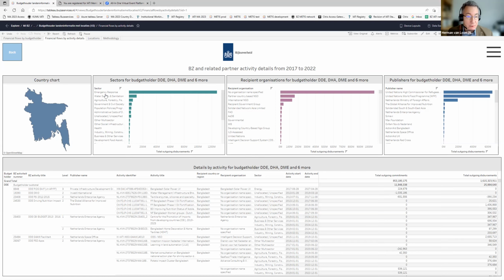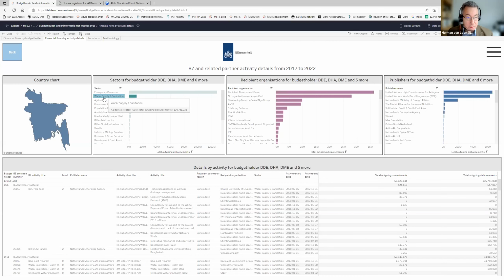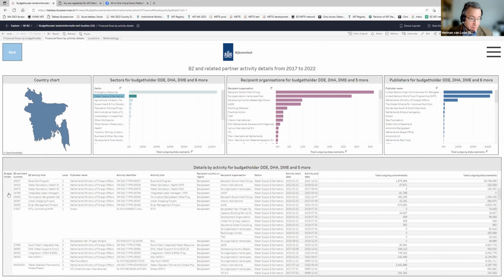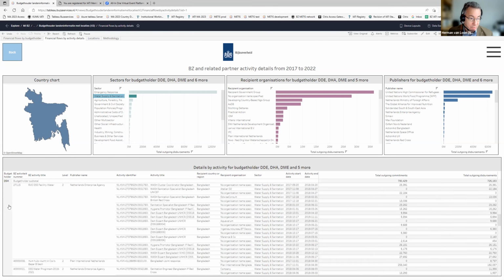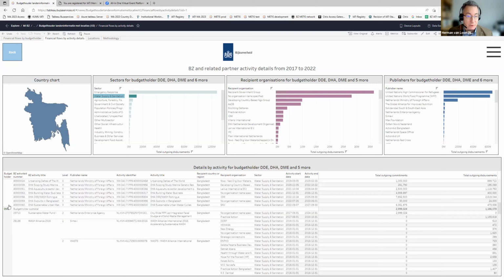I can also zoom in and say, okay, who exactly is in the water supply and sanitation business? And also very interesting from our internal point of view, which departments within the ministry are involved in that. And you see in drink water and sanitation, we have DDE, the DHA, that's our embassy, but also some other departments, all actively, direct or indirect, in Bangladesh.